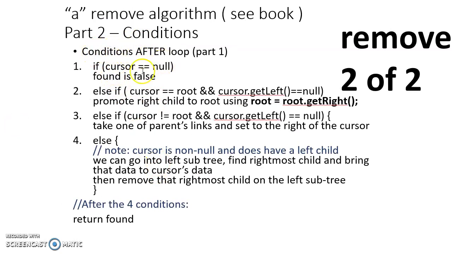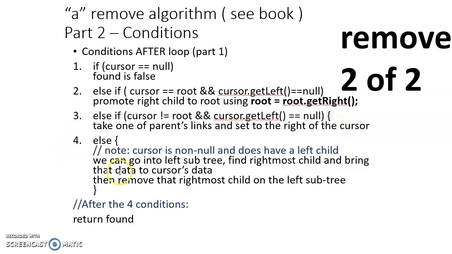So if cursor is null, we return false, or say found is false. Else, if cursor is the root and cursor does not have a left, we do root equal root get child. Else, if cursor is not the root and cursor get left is null, then we take one of the parent links, so either parent set left or parent set right, and we set it to cursor get right.